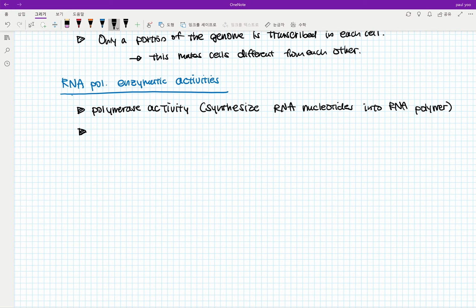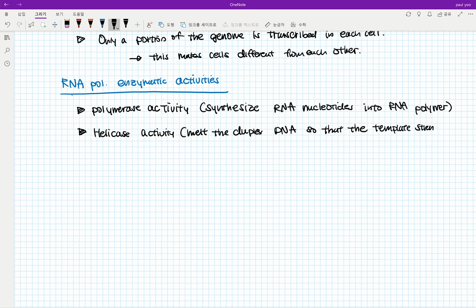It has a helicase activity, that it melts the duplex DNA so that the template strand can be accessed.